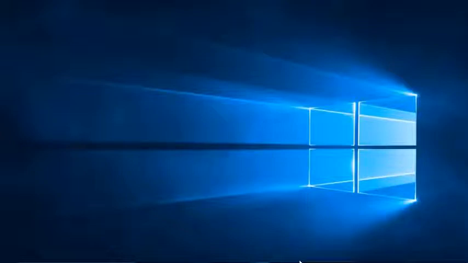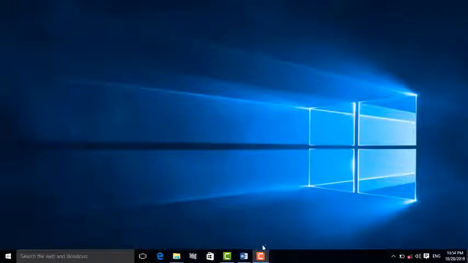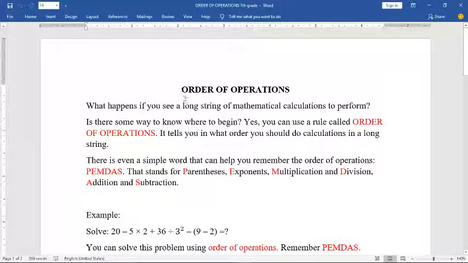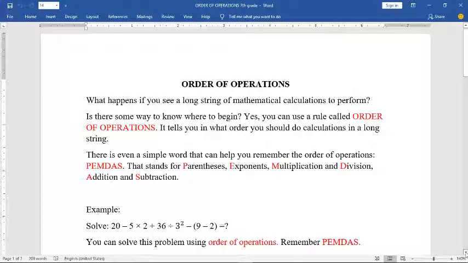And today we will be learning about a new concept called order of operations. Order of operations, what is it? How is it useful in our learning? What happens if you see a long string of mathematical calculations to perform?